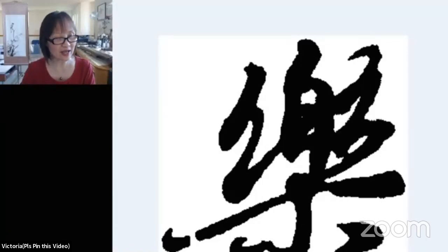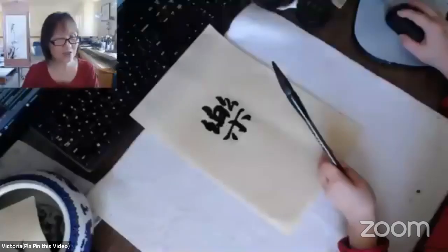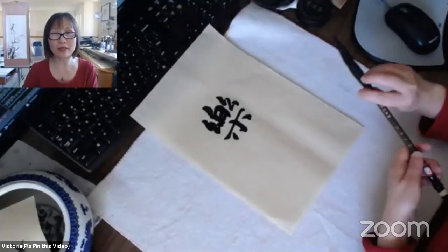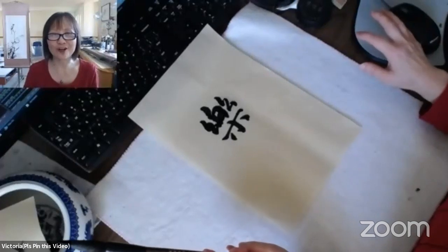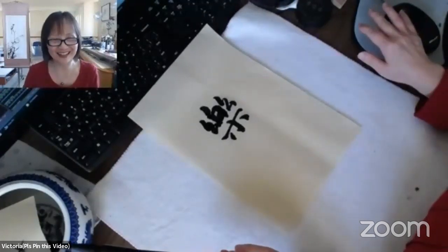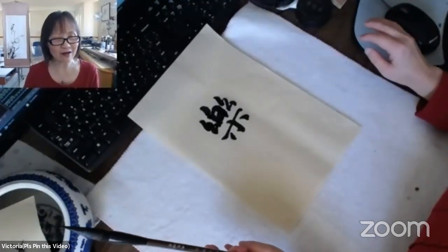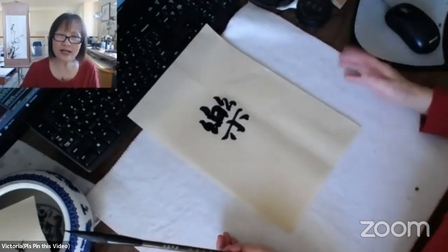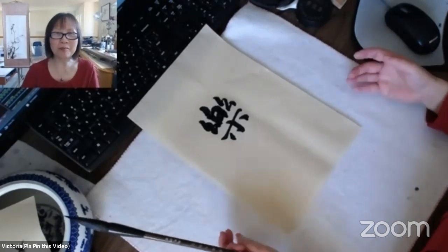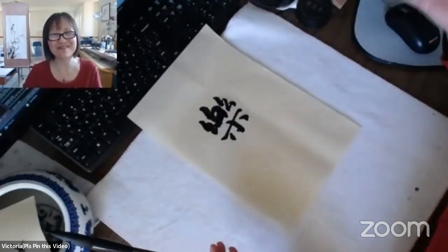And this character for white also means blank, or plain, not colorful. And like the daytime, we also call it white day and black night, something like that.